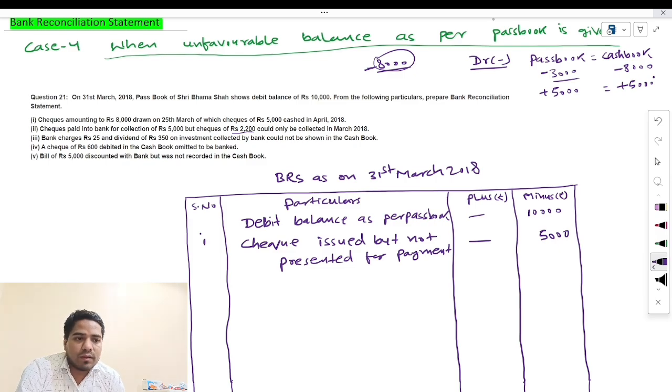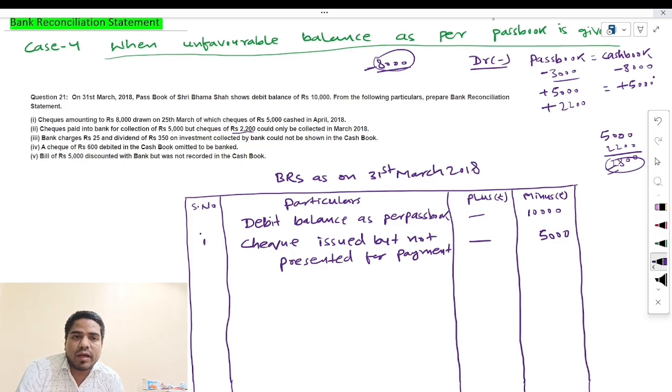It means here your deposit value in the passbook is only 2,200. You had added 5,000 in your cash book, but in your passbook only 2,200 was credited. Then the remaining balance of 2,800 is only added in the cash book, not in the passbook.